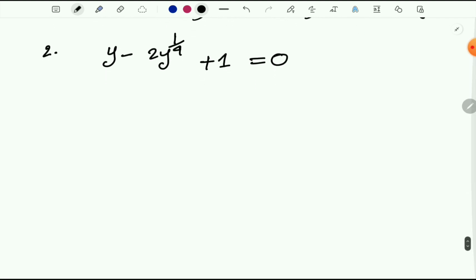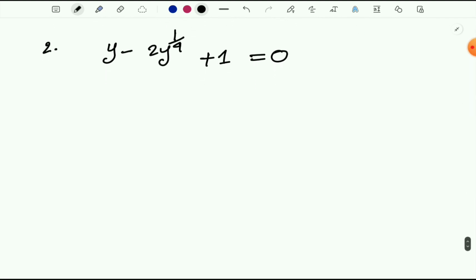Number 3, if 4 power x plus 5 equal to 0.5, then what is the value of x? Then what is the value of y?